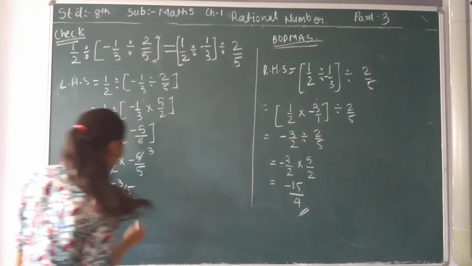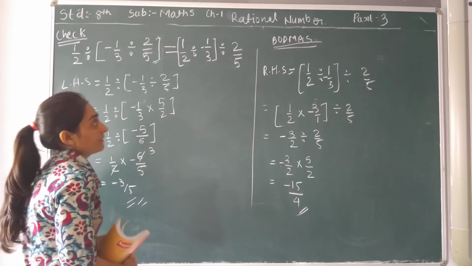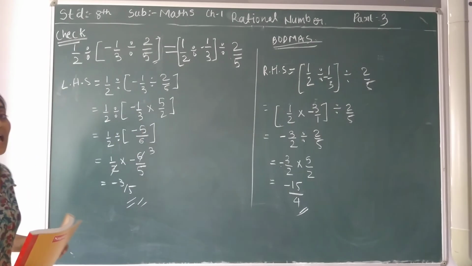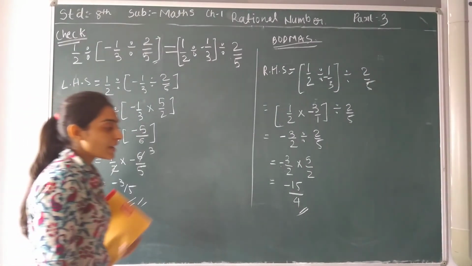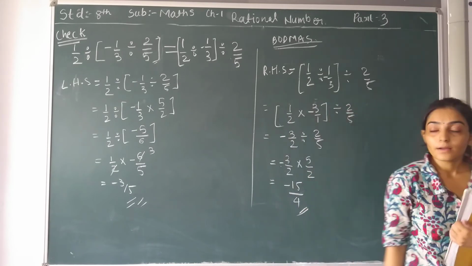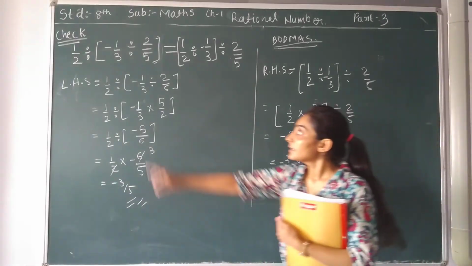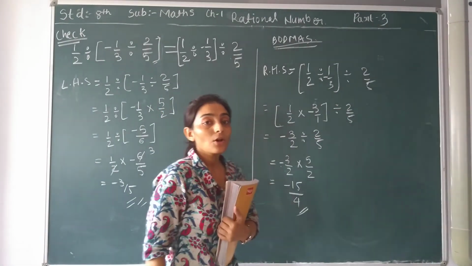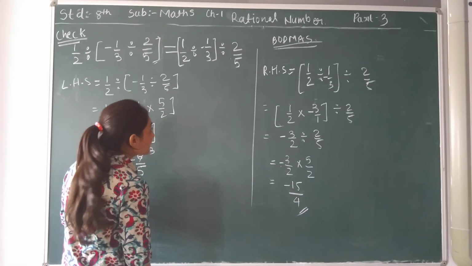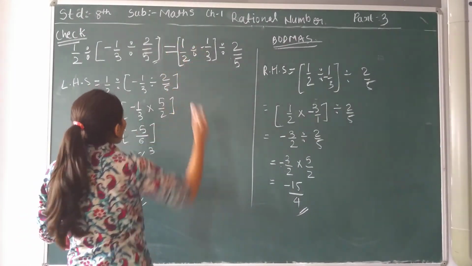So both answers are different. See, we have already seen rational numbers in the associativity property. This is nothing but the associativity of rational numbers. So we can say that these two are not equal.